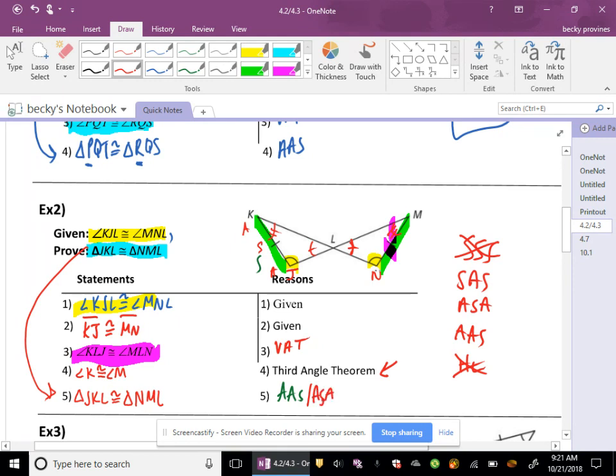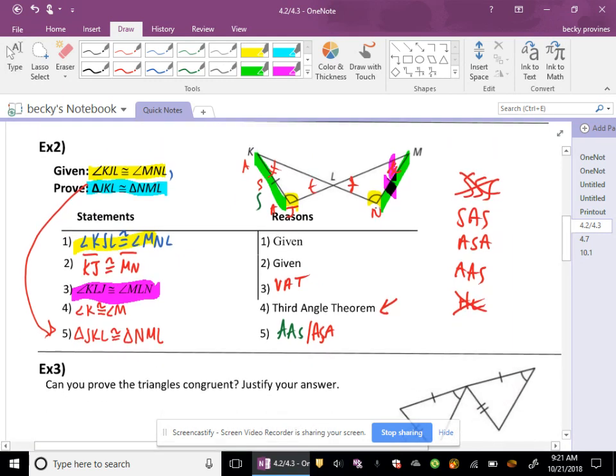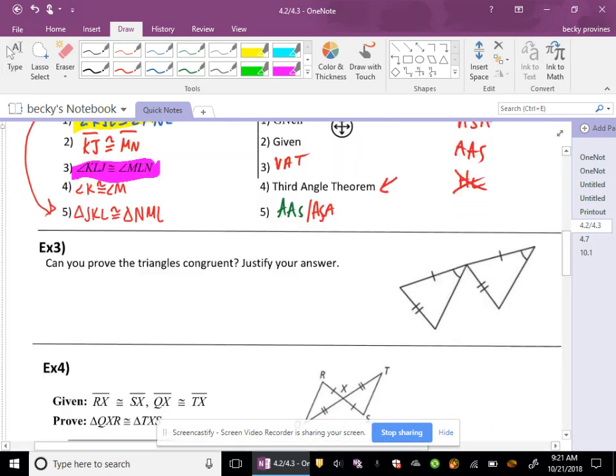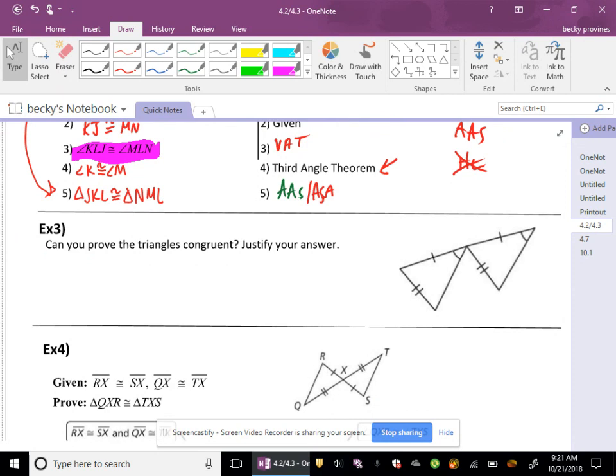So I'm trying to make you understand that sometimes there's more than one way to prove it, but if you can prove it, you don't need to prove it multiple ways. So just pick a way and go with it, and you'll be fine.